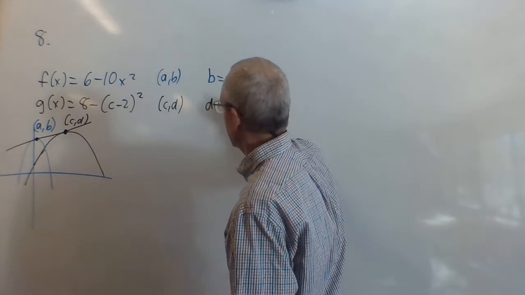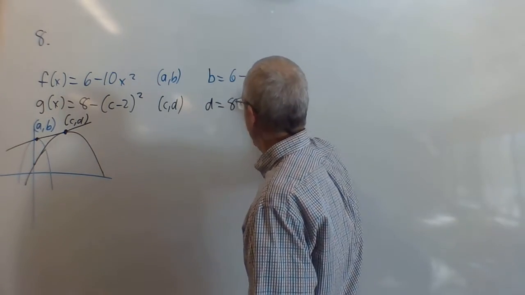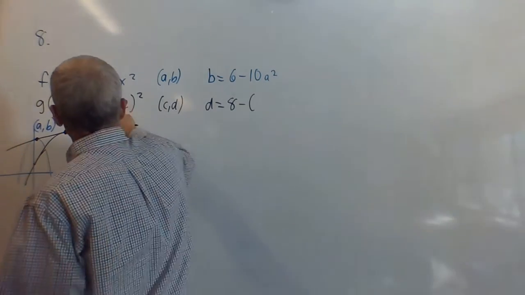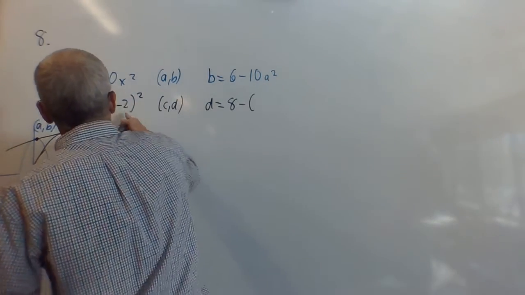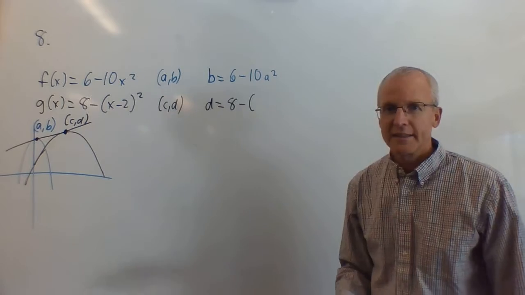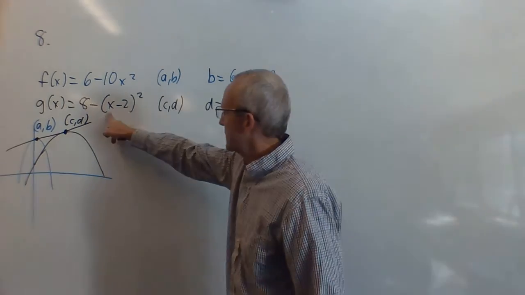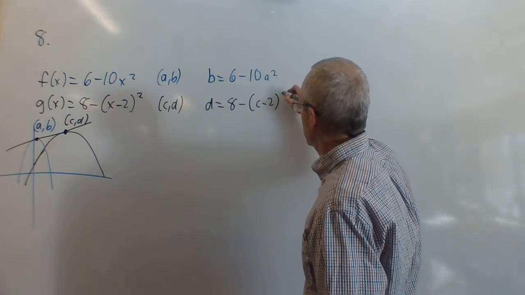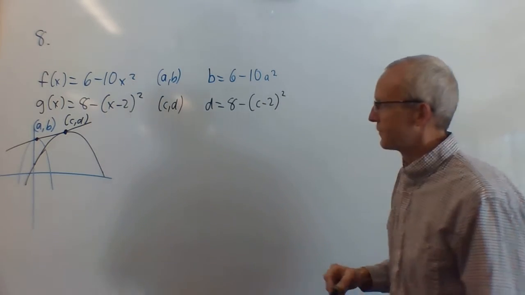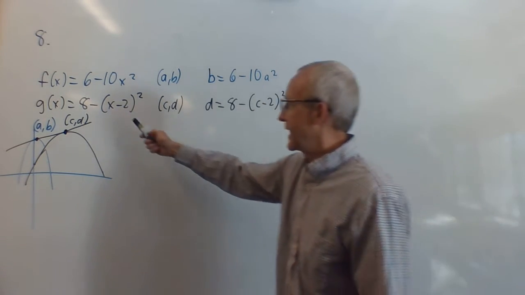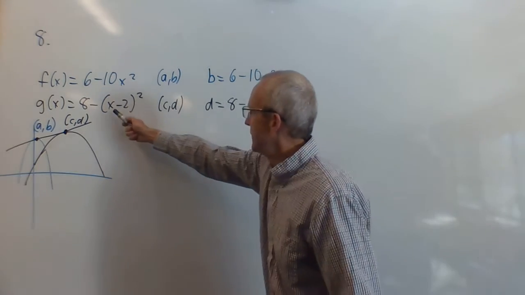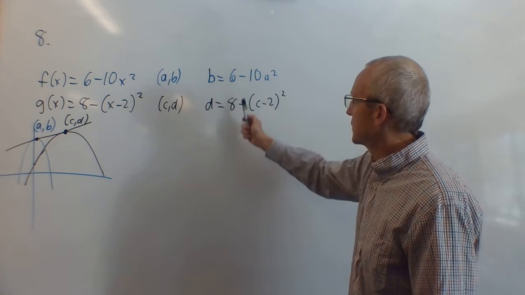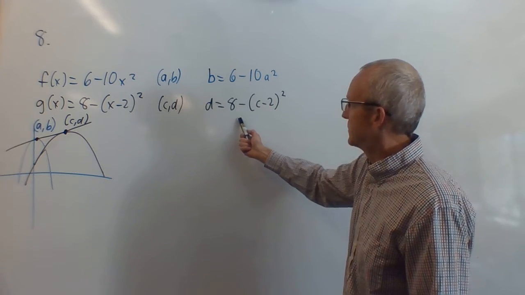So d is equal to 8 minus, why is this a c? It should be an x minus 2 squared. I already put the c in there, sorry. So d is 8 times c minus 2 squared. Yeah, so the equation's right, 8 times x minus 2 squared, and we plug in the c for x. I did it too early, and we get that. So those are 2 equations that relate these things.